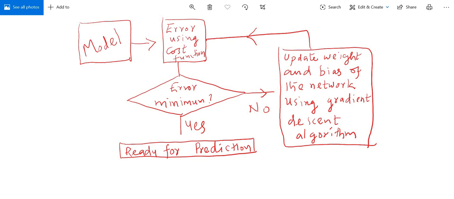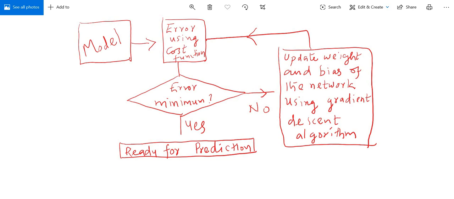After updating the weight and bias, we calculate the cost function or error again, and we check it. So we are back propagating the error. That's what we are doing here. That's why we call it the back propagation algorithm. Am I right? We are back propagating the error, so we call it back propagation of error or back propagation algorithm.